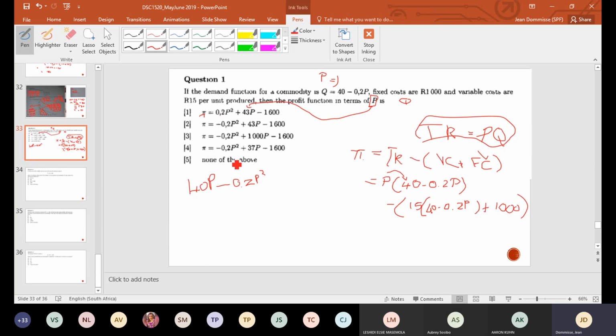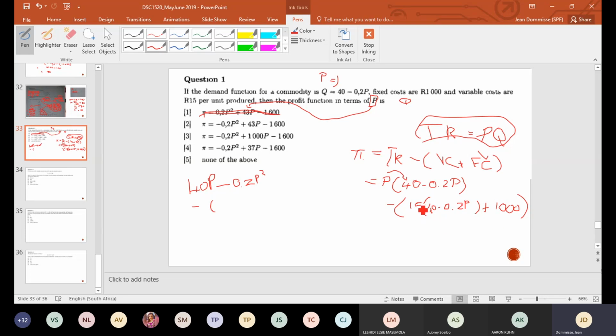I'm looking at the options, and when I'm saying it needs to be minus 0.2p, I would already eliminate the first one because that was positive. Then I still need to subtract, and I first do the multiplication within so that I don't forget how to subtract it in the end.